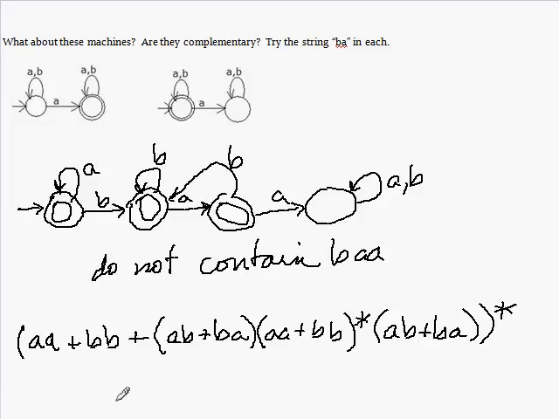What if you want a regular expression for strings that do not contain an even number of A's and even number of B's? In other words, the complement of that. We do not have a direct algorithm that just takes a regular expression and munges it around in some way to produce a complementary regular expression. Don't have that. But we do know something about how to take a regular expression and turn it into a machine.